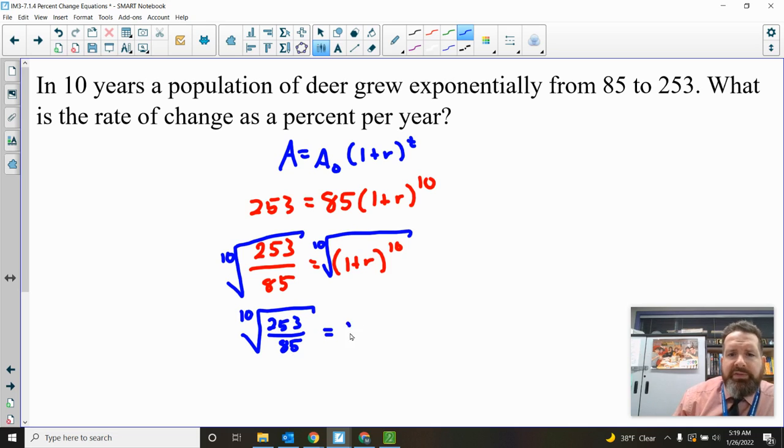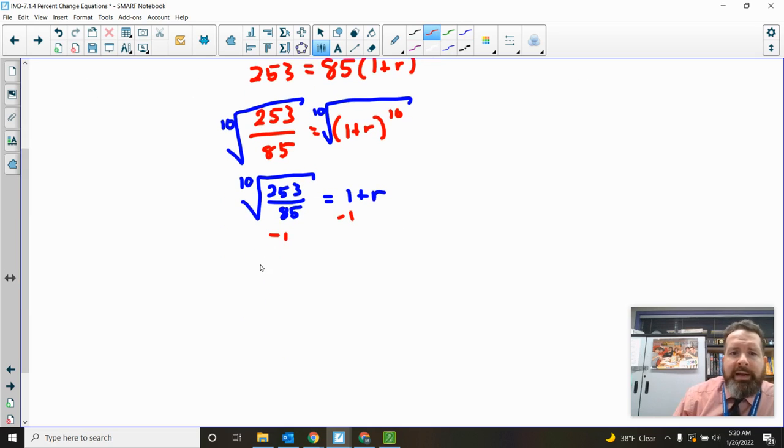And then over here, we've got just 1 plus r. And so then to finish, just subtract 1. Minus 1, minus 1. So the r that I want is the 10th root of 253 over 85, minus 1. And then we'll get a decimal approximation of that.